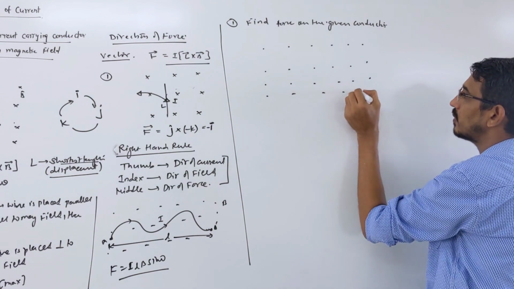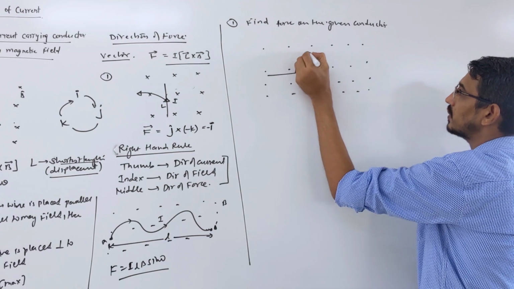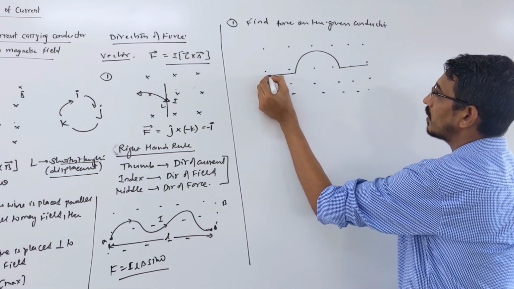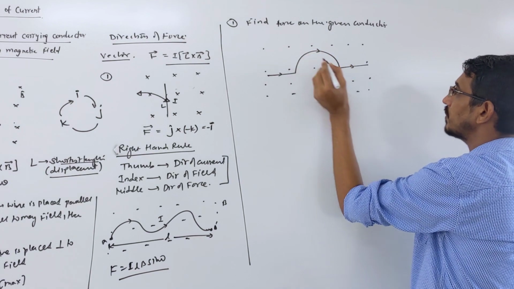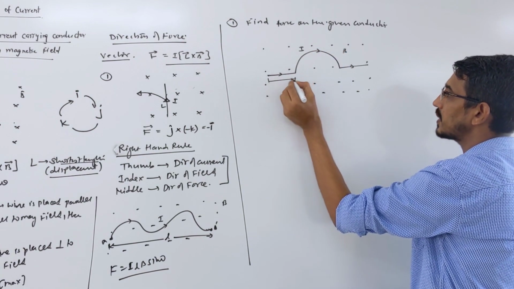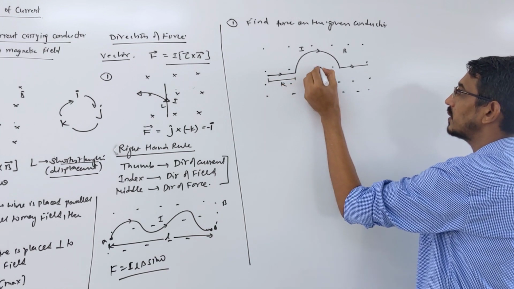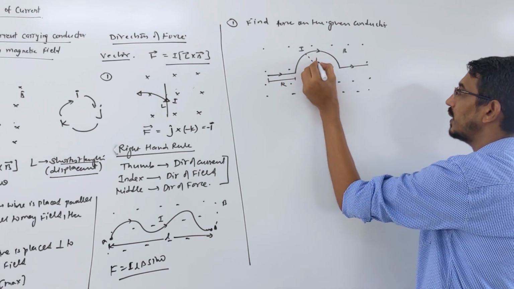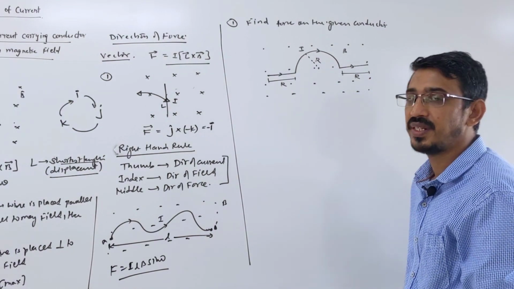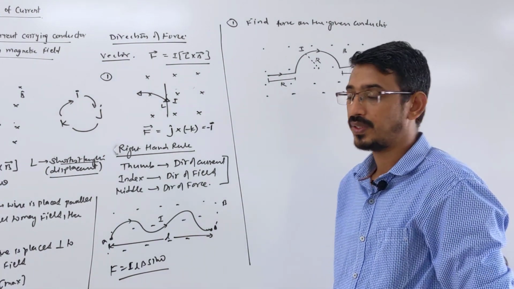So this is your conductor. Current is flowing in this direction with strength I. B is the magnetic field. That distance let's call R. This is a semicircle of radius R, and that distance we also call R. Then what is the net force acting on this? This you want to know.